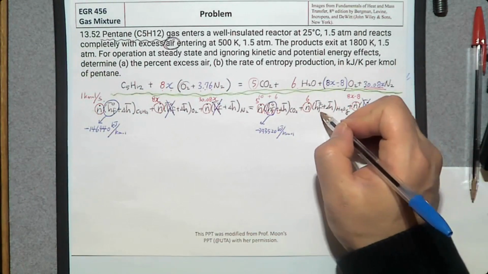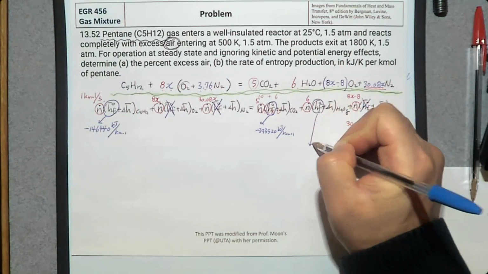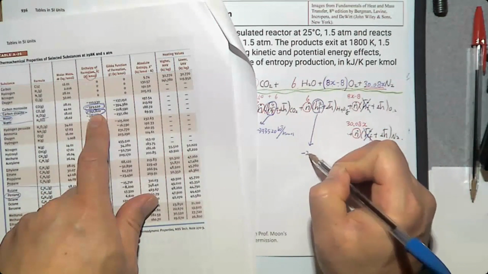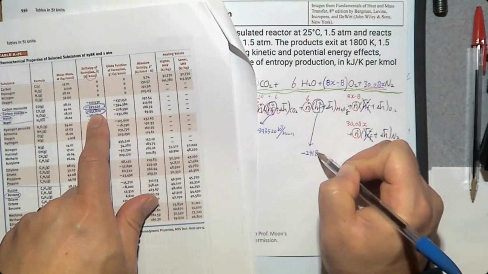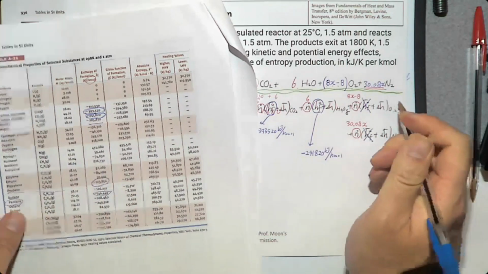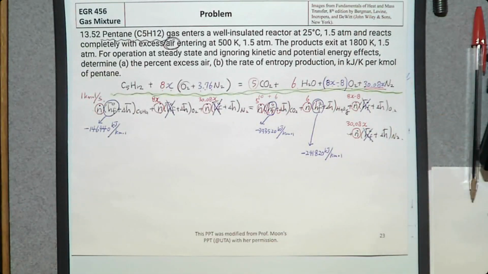Water vapor: minus 241,820 kilojoule per kilomole. So that's everything about the enthalpy of formation values.